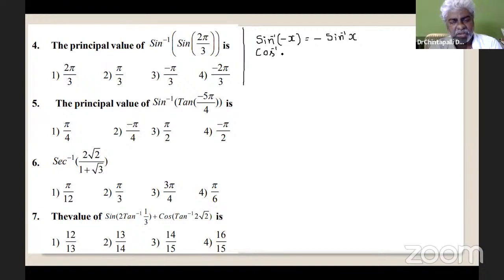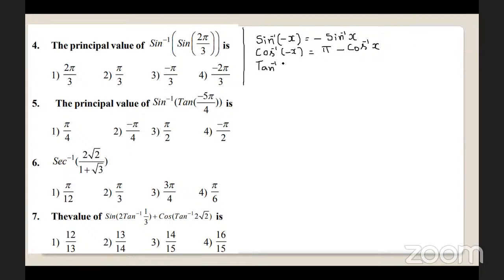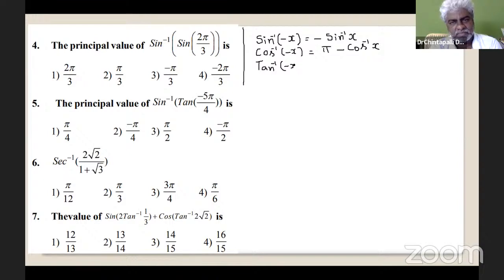But cos inverse of negative x is not equal to negative cos inverse x. It is equal to pi minus cos inverse x. Cos inverse x is special. Only for cos inverse x does this type of formula exist. Next, tan inverse of minus x is the same as sine: minus tan inverse x. First, use the third formula.